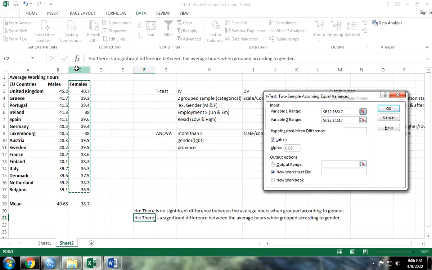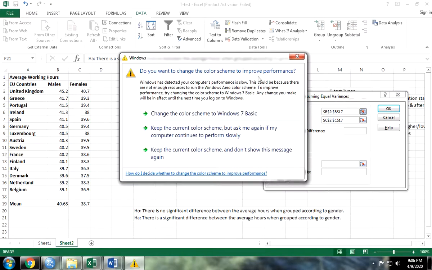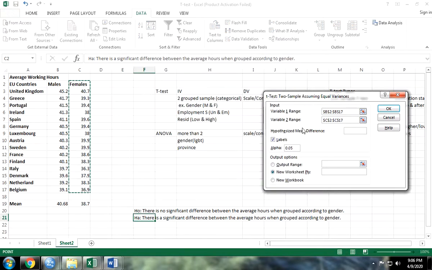So, does gender cause the average working hours in EU countries? Hypothesized mean difference is only used for a one-sample t-test.